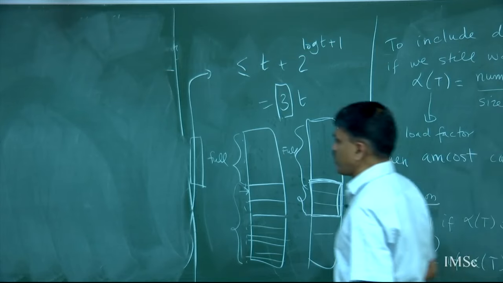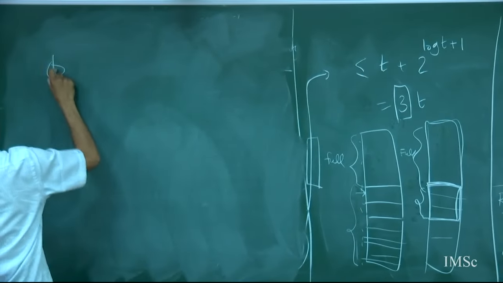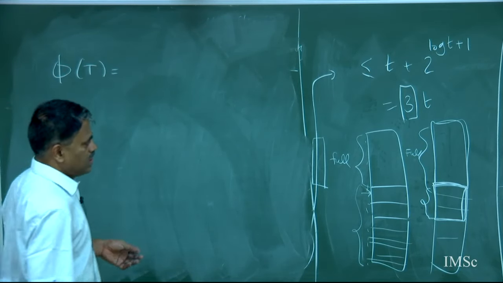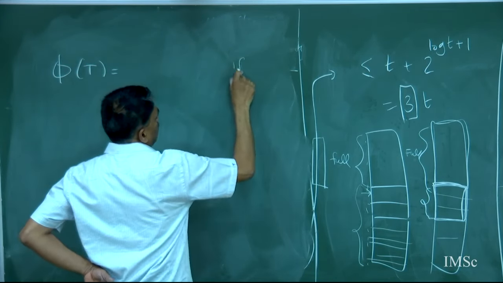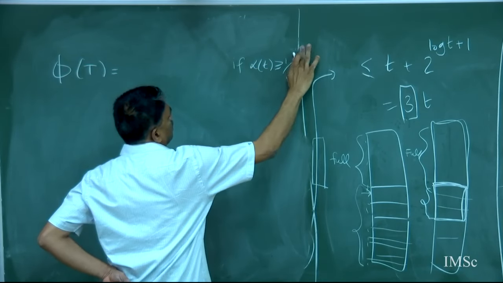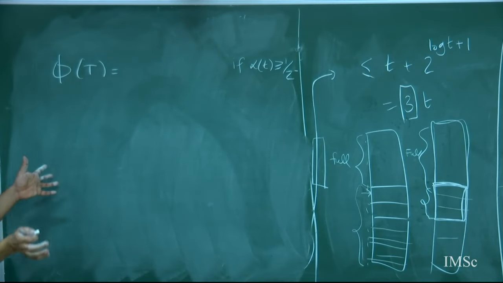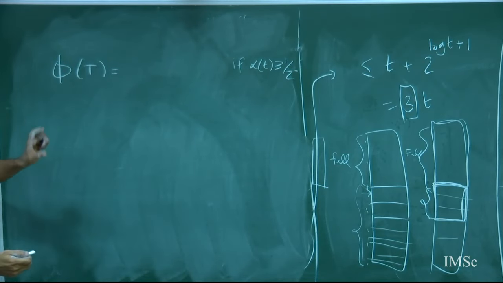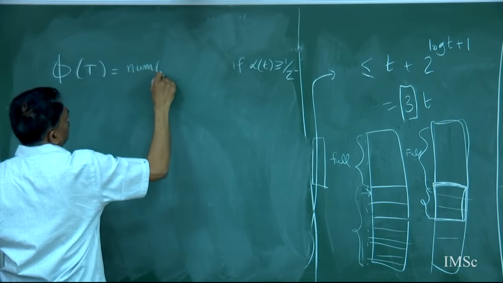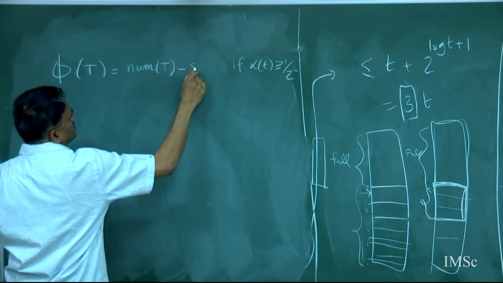So it turns out the following potential works. If the load factor is greater than or equal to half, then make sure for expansion that everybody has like 2 credits: 2 times the number of elements minus size by 2.